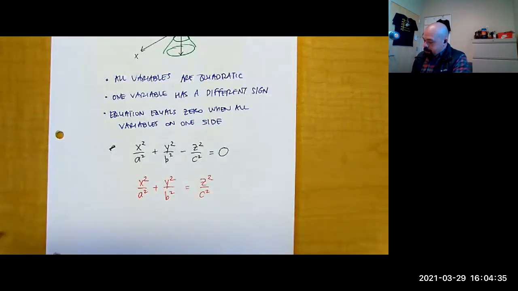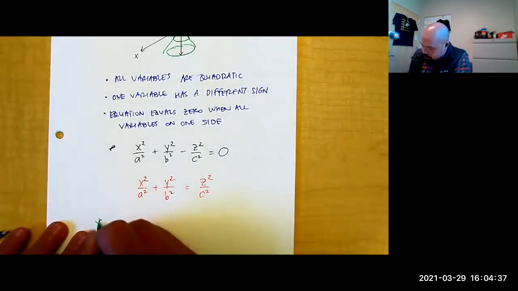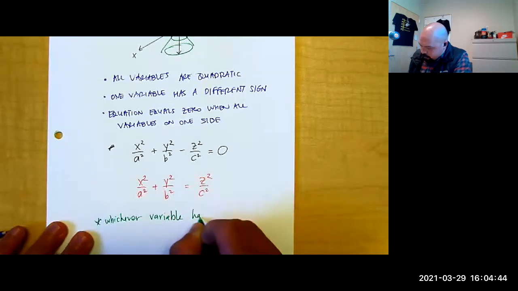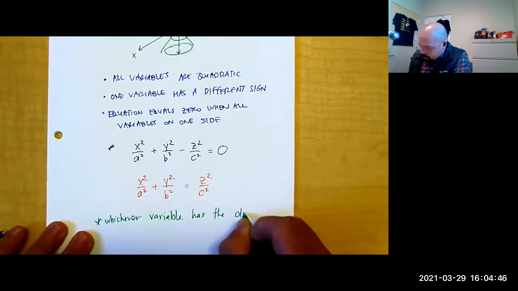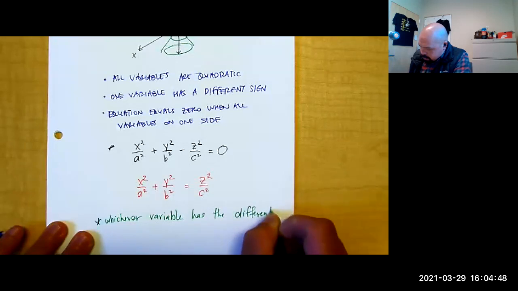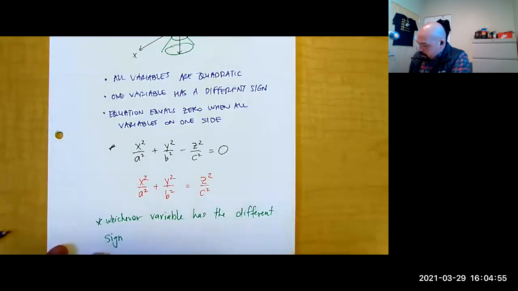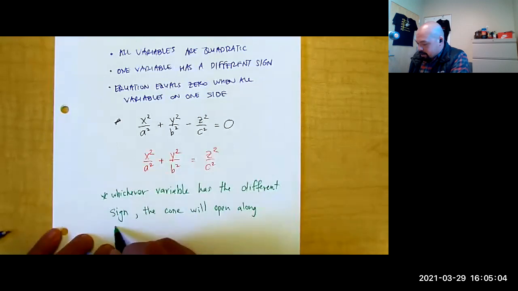And my discussion here, whichever variable has that different sign, that one negative, that cone will open along that variable's axis.